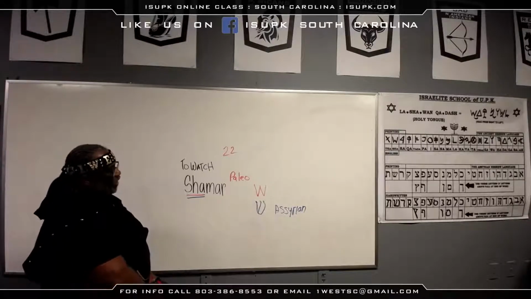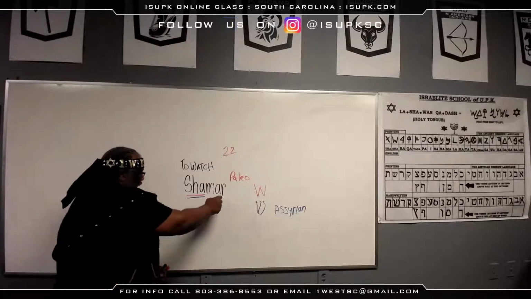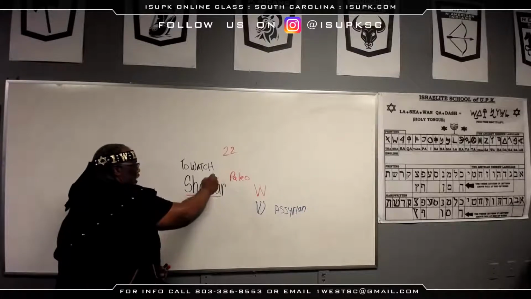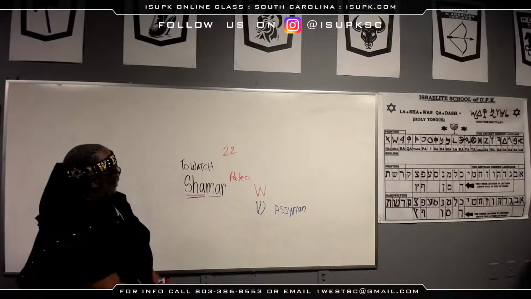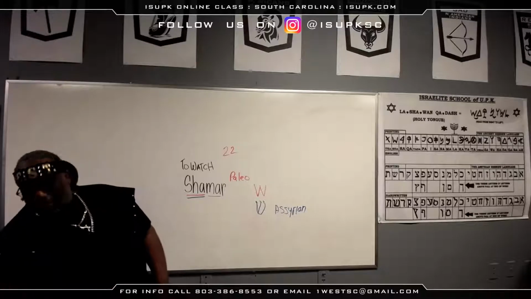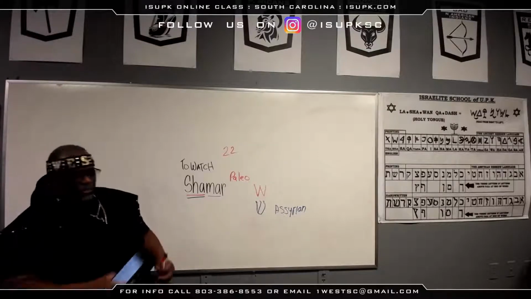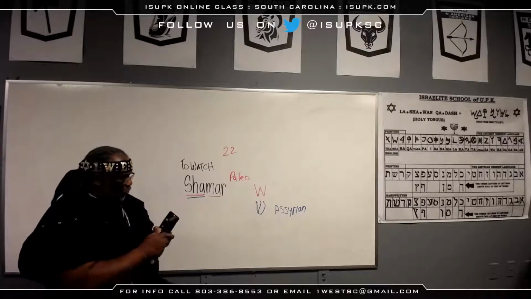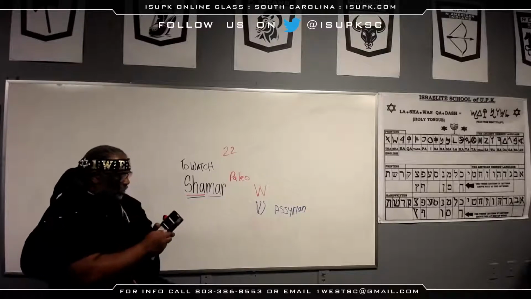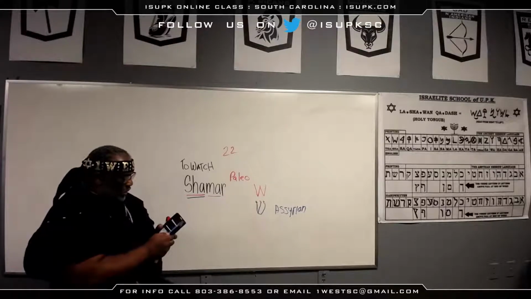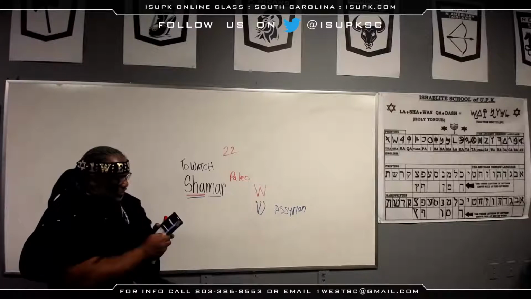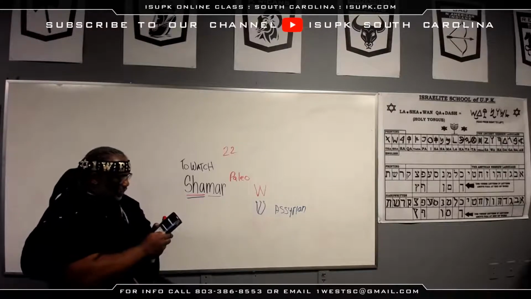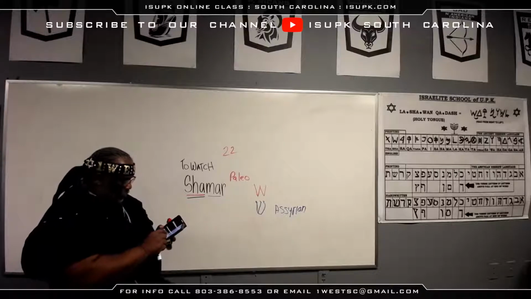We have another character in the Hebrew, is Ma, right here. And it looks just like that. You know, Shah, Ma. And we're going to break this down and show you how these words are formed. It's important to understand how these words are formed, okay?